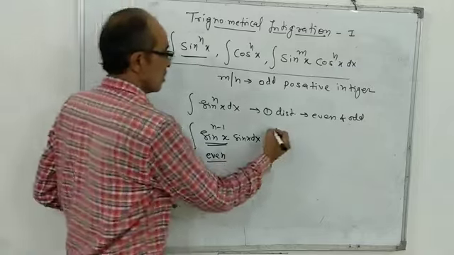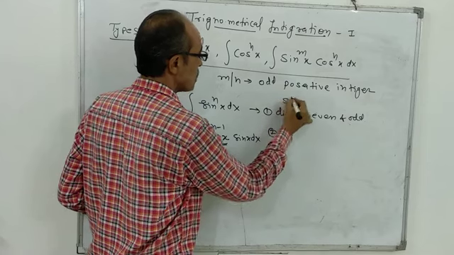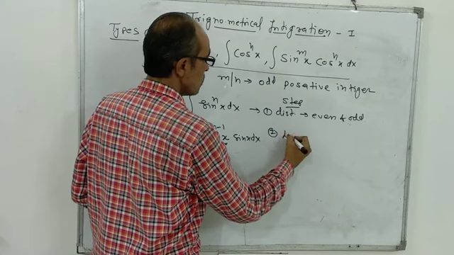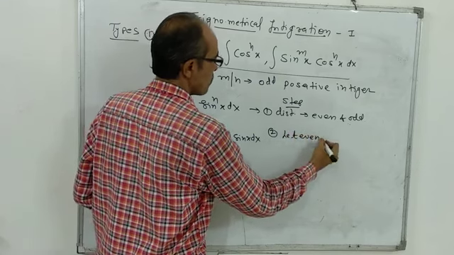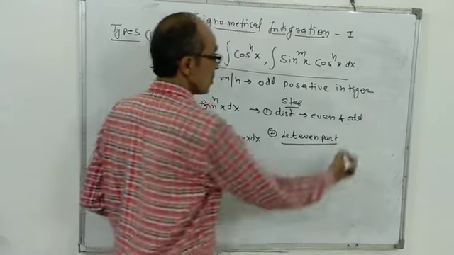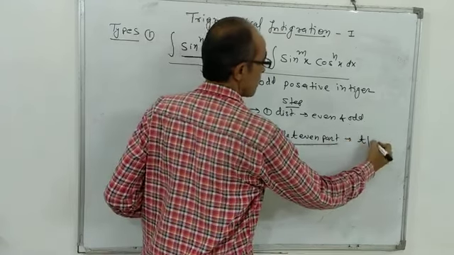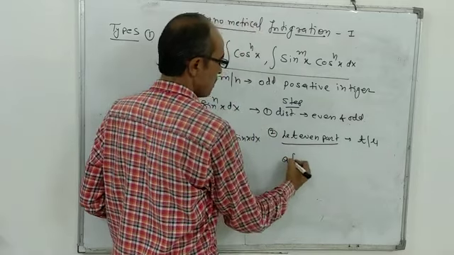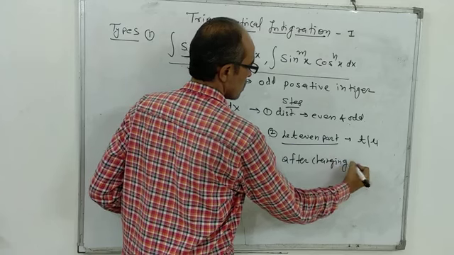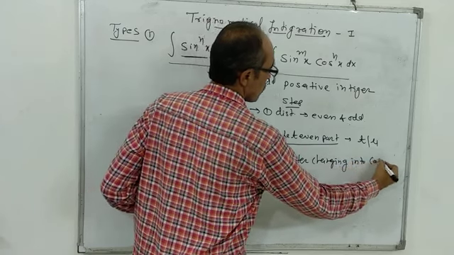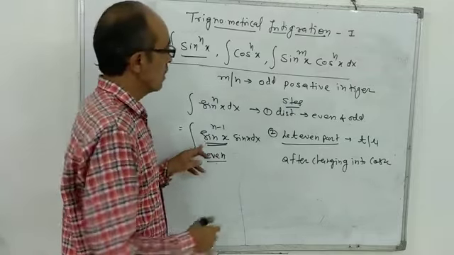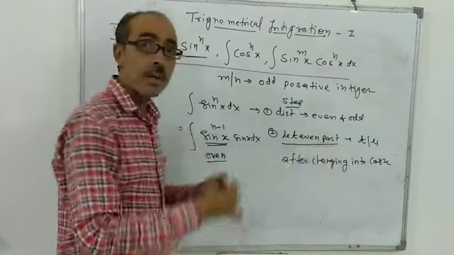The second step of the method is to let the even part, after changing into cos x, be a new variable t.